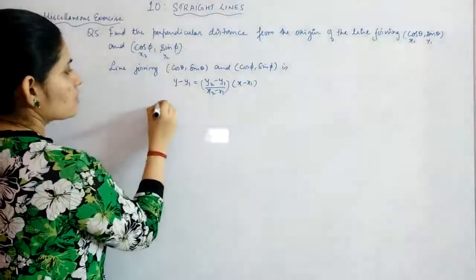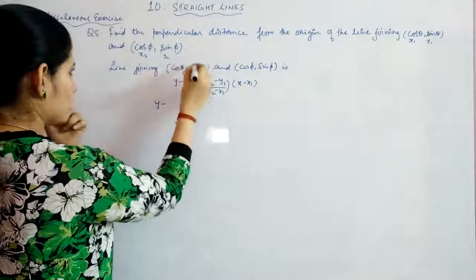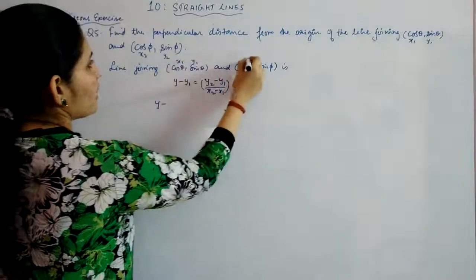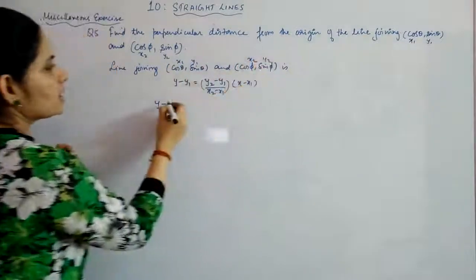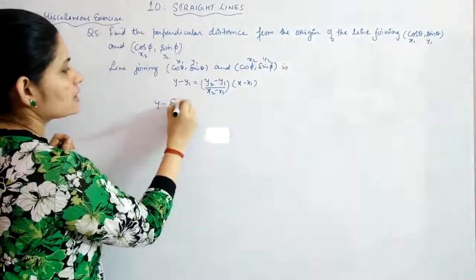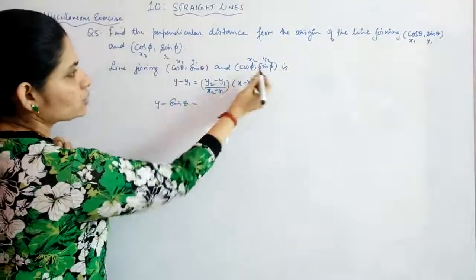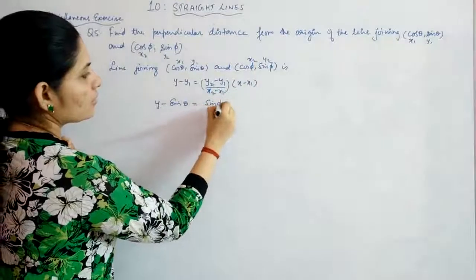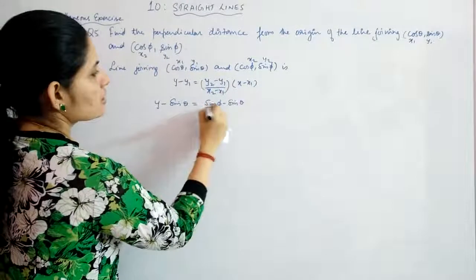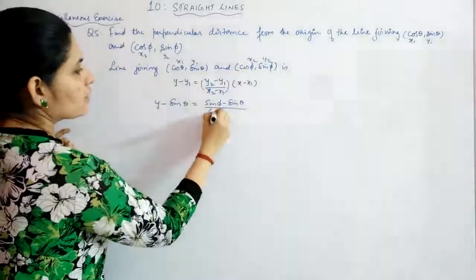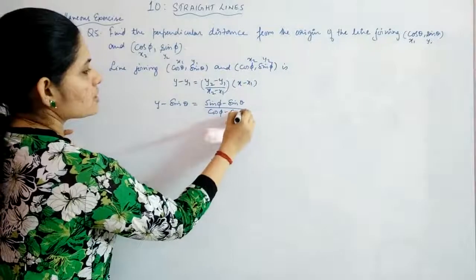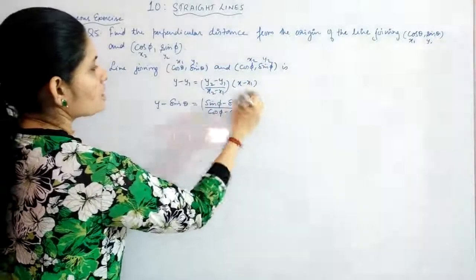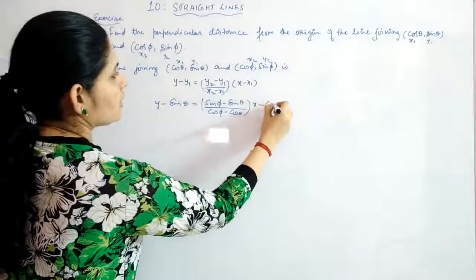Replacing the values, this is your x1, y1, x2, y2. So you will get y minus y1, which is sin theta, is equal to y2, which is sin phi, minus sin theta, divided by again cos phi minus cos theta, into x minus cos theta, which is x1.